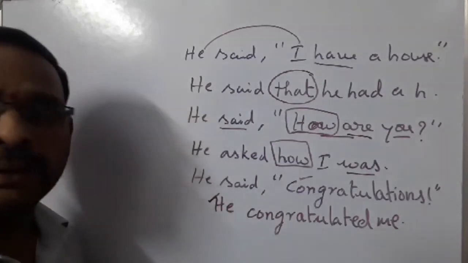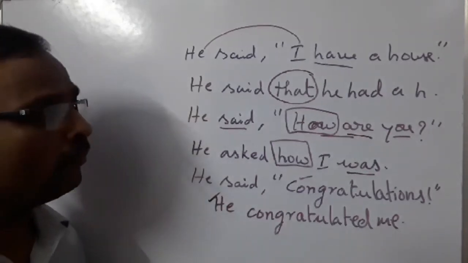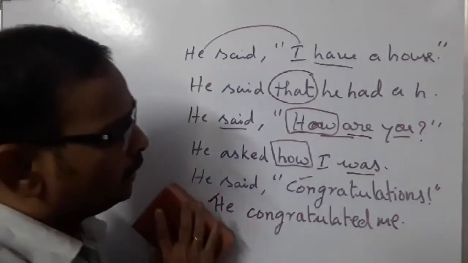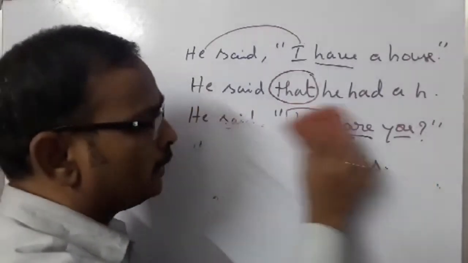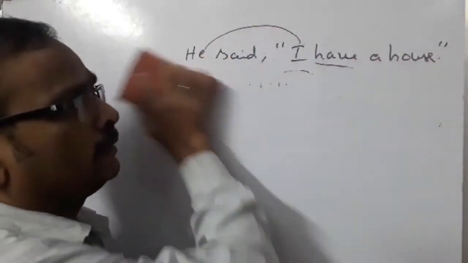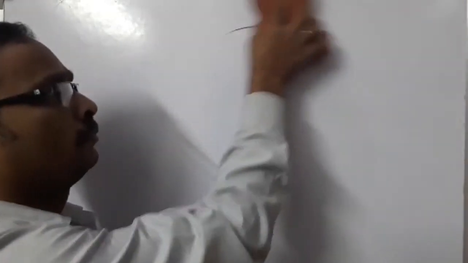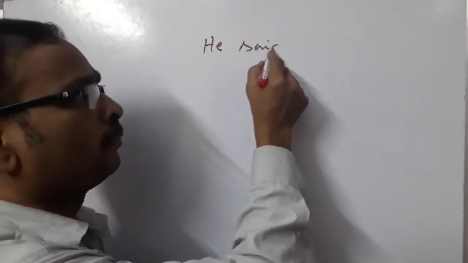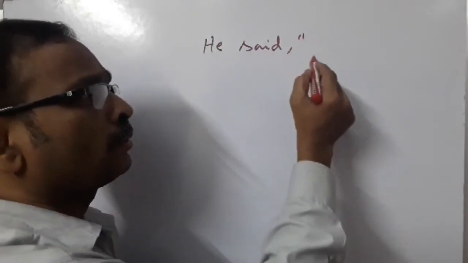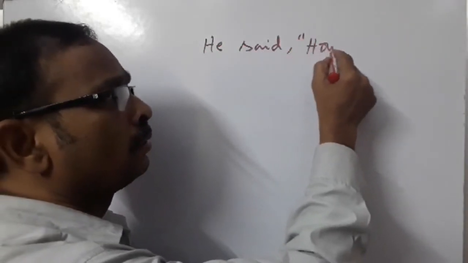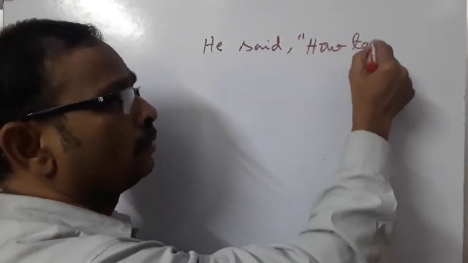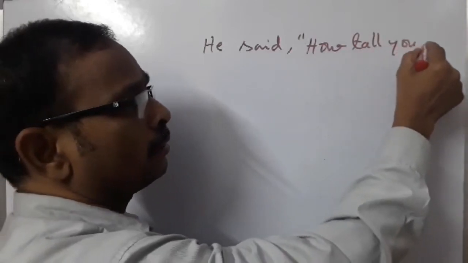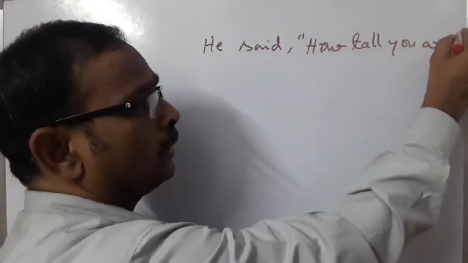Okay, see here, we have the exclamatory sentence. Example: he said, comma, quote, how tall you are, exclamation.